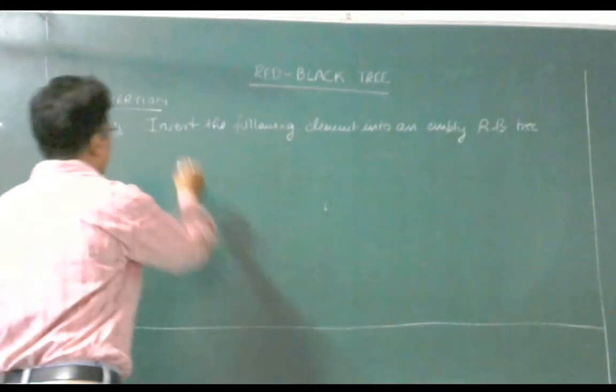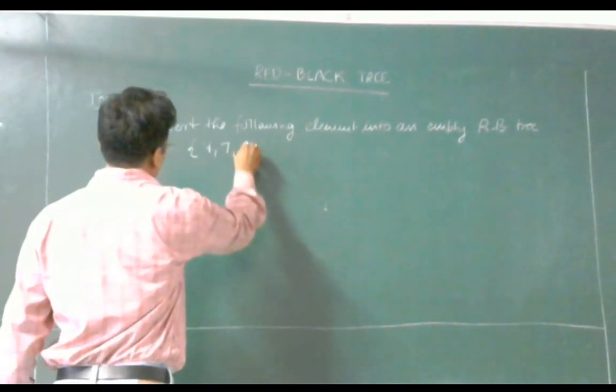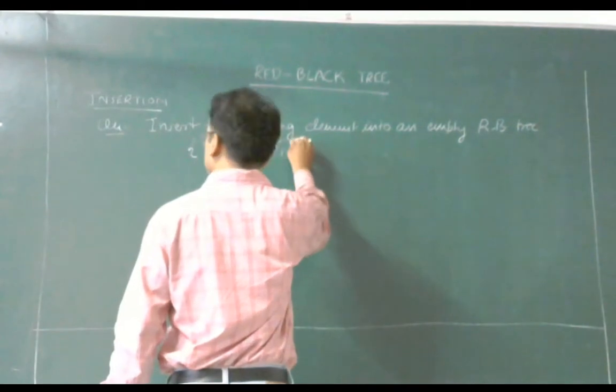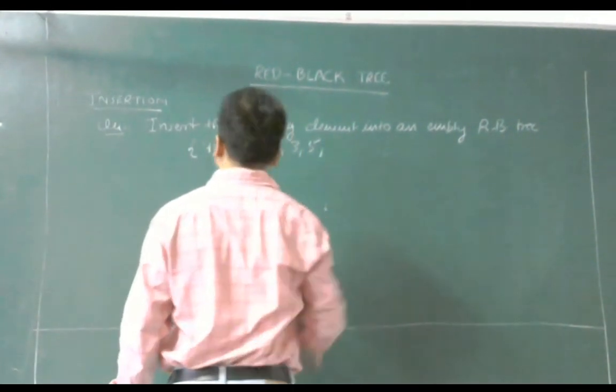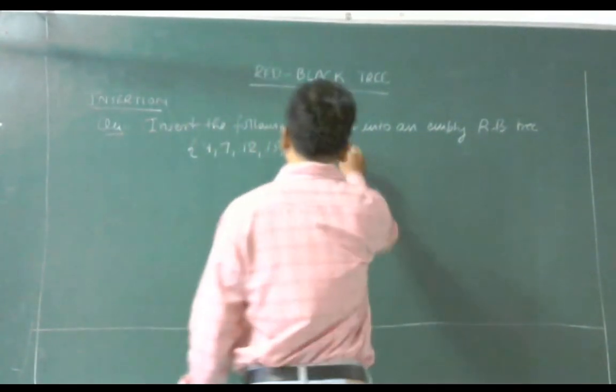The elements are 4, 7, 12, 15, 3, 5, 9, 14, 18, 16.